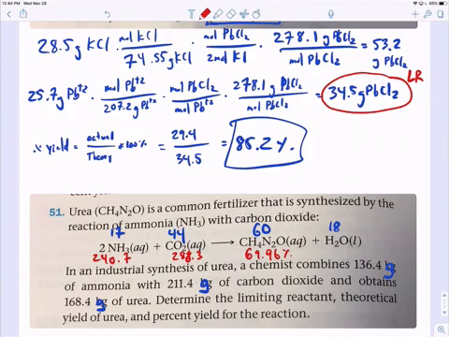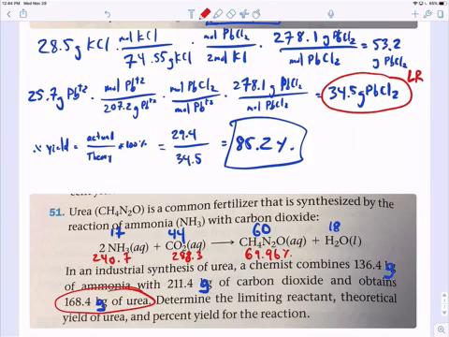Yep. You actually use this, take that divided by. So it's only 168 what it obtains.